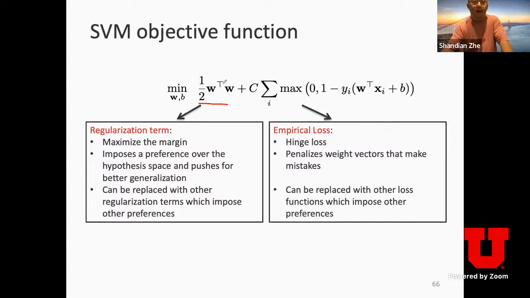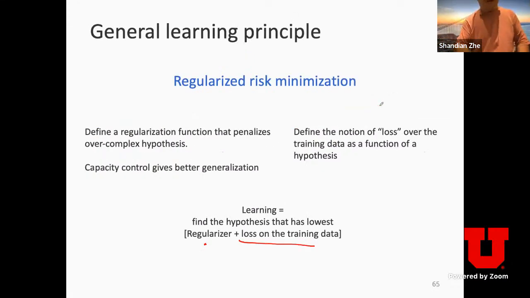The first term, half W transpose W, corresponds to maximizing the margin of the linear classifier. And the second term is how well you fit the training data, which we just explained. It is called hinge loss. The training is the trade-off between some kind of regularization and how well you fit the training data. And this kind of learning principle is called regularized risk minimization.